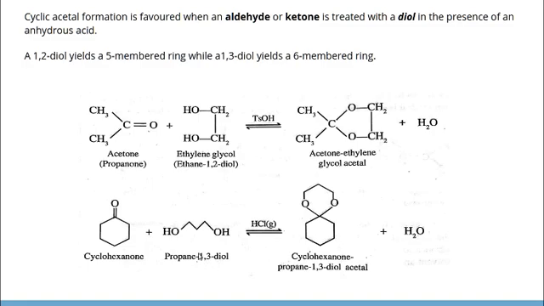So this 1,3-diol on treating with a ketone gives a 6-membered ring: 1, 2, 3, 4, 5, 6. So this is a 6-membered acetal formed by the reaction of 1,3-diol with a ketone. So this is the formation of cyclic acetal with diols.